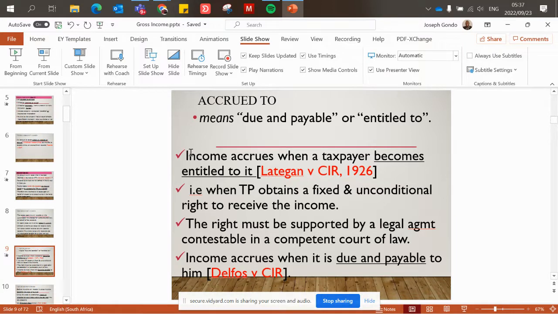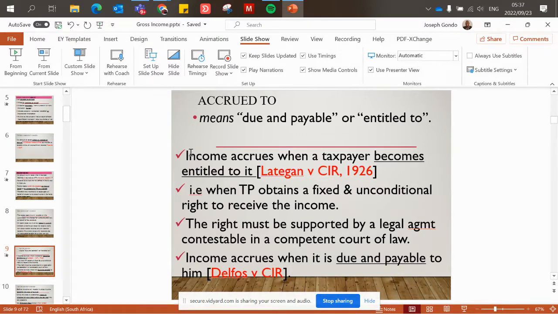You have to receive your salary because you have been working for the whole month, and it is now the 30th. So you are entitled unconditionally. It means that you can actually initiate a legal action if you do not receive that salary. So in that case, we say you have an unconditional right to receive the salary.